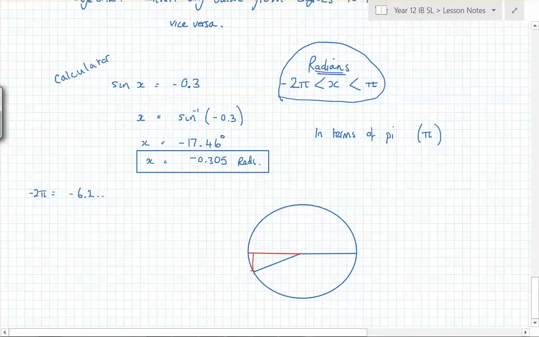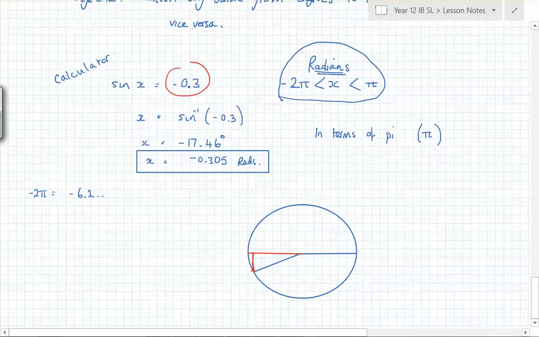That is sine. It doesn't only apply to all the nice values. This length is what in this question? The red line there. What is that length? It's 0.3.